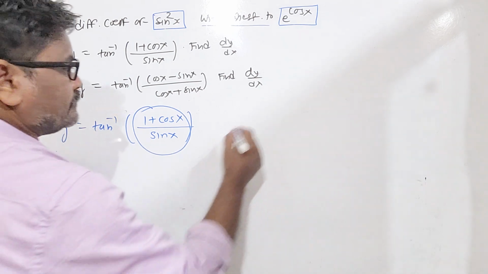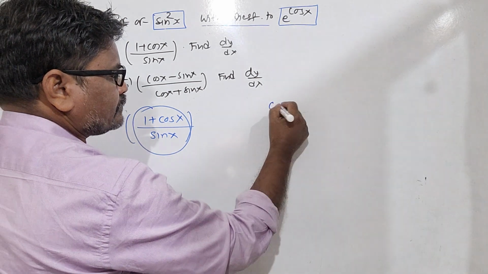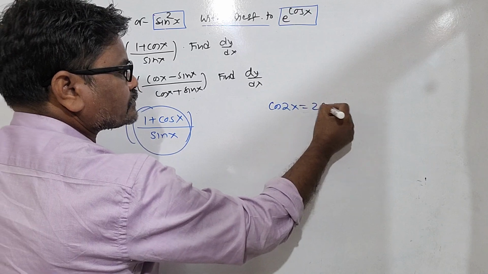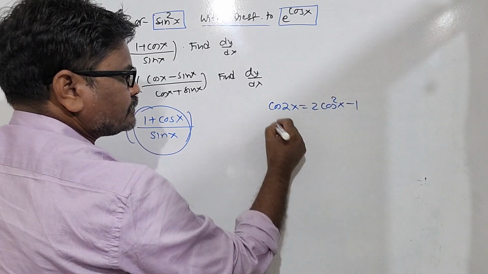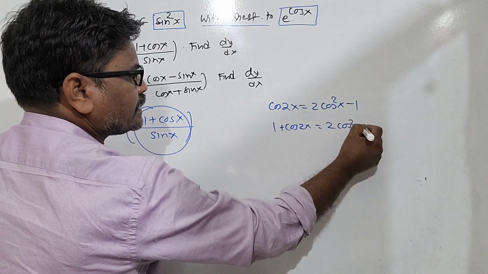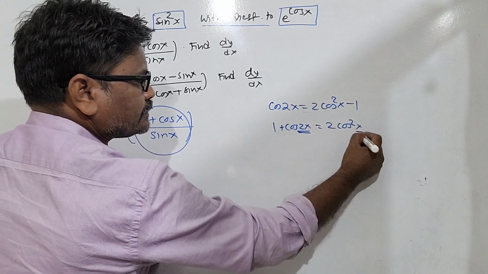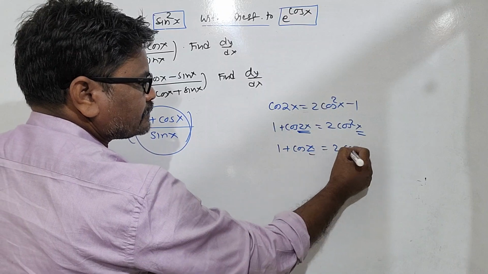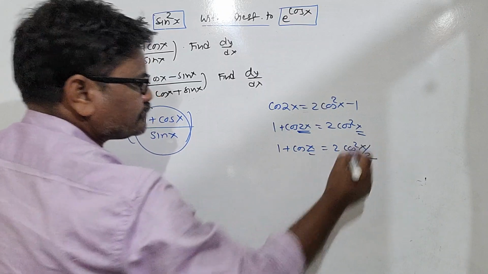So 1 plus cos x. See, the cos 2x formula is 2 cos square x minus 1, so 1 plus cos 2x is 2 cos square x. So when 2x is there, here x is there. 1 plus cos x, when x is there, here it is 2 cos square x by 2.